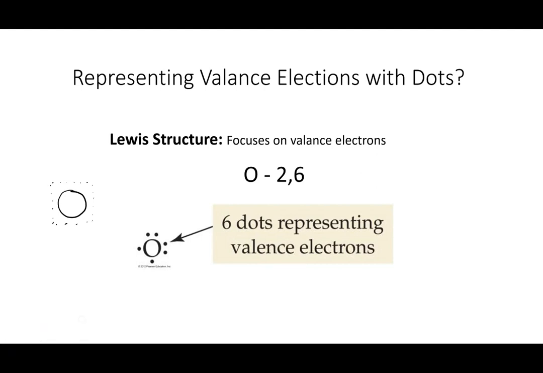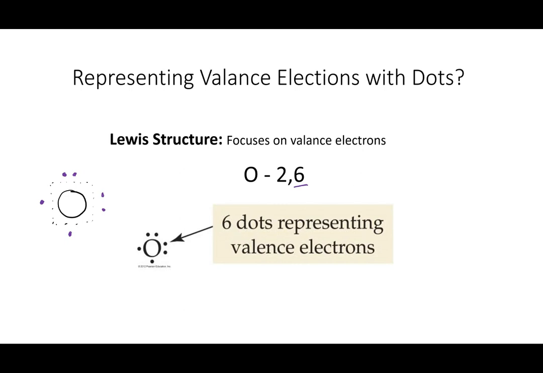So for example, here, oxygen has 6 valence electrons. So I could do something like 1, 2, 3, 4, 5, 6. So there's my 6 valence electrons around that imaginary box.